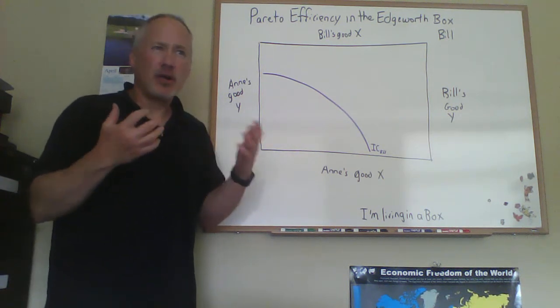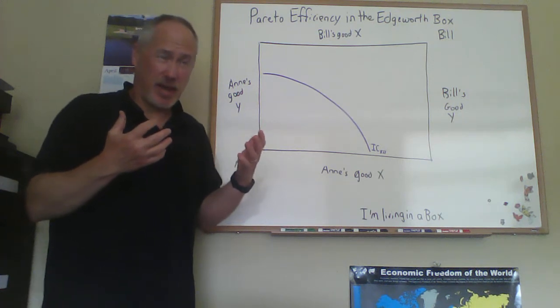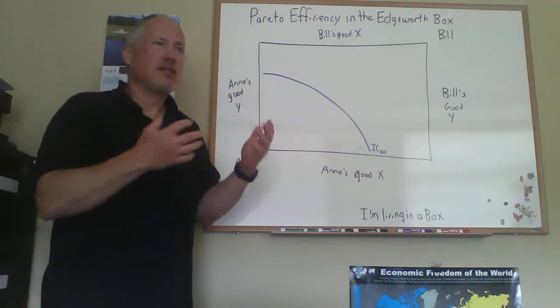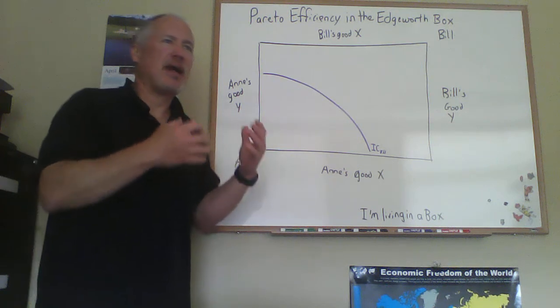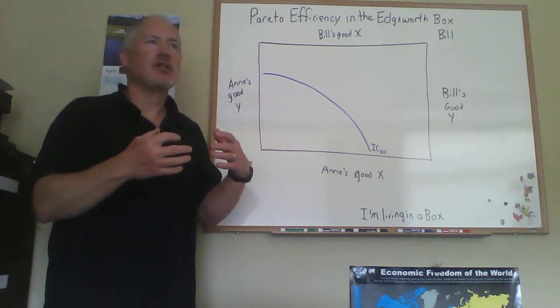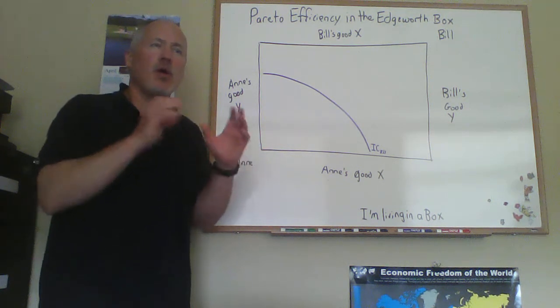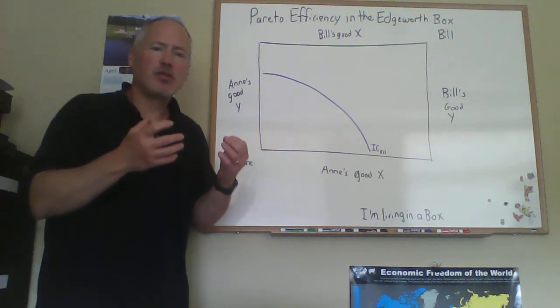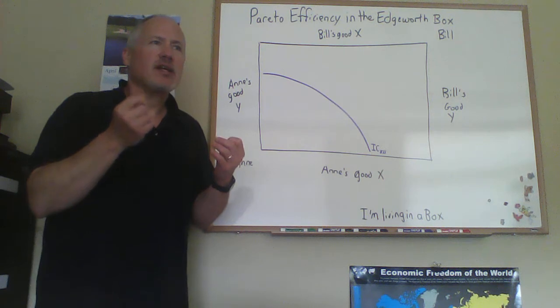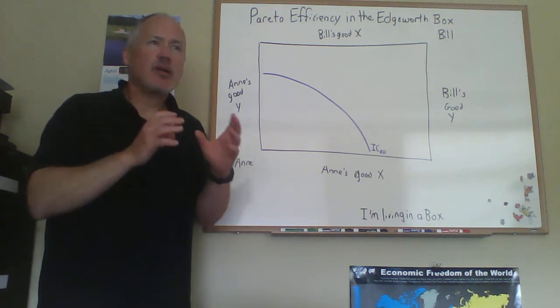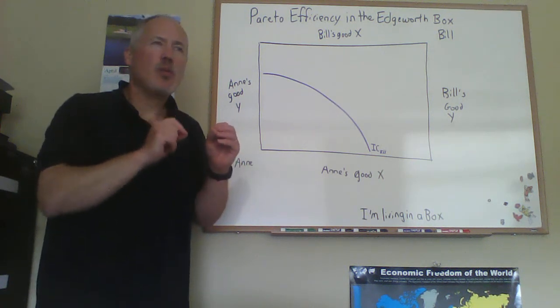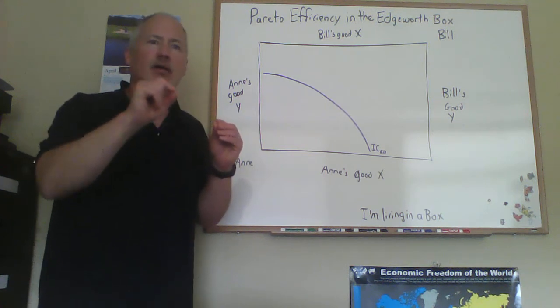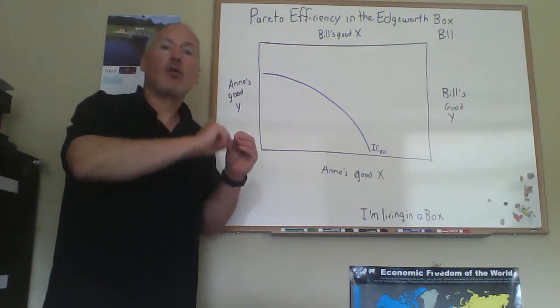Because you might say, aren't you really advantaging Ann in this case, because you're going to maximize her utility subject to a constraint on Bill's utility? Well, the good way to think about this is that Pareto efficiency occurs when there's no way we can make Ann any better off without making Bill worse off.